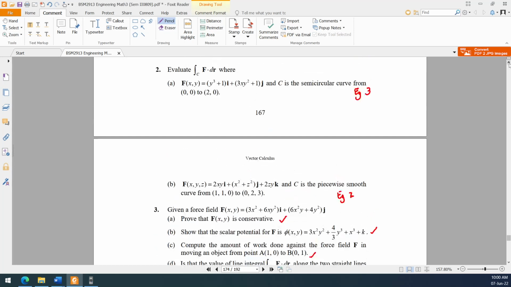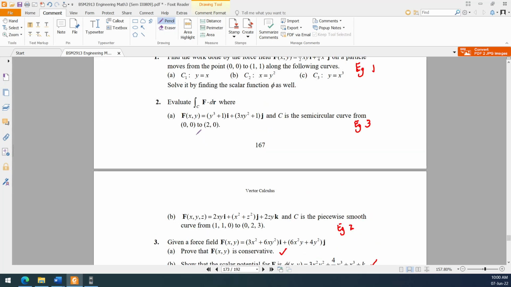Like the question here, 2A. You have a semicircular curve, let's say from (0,0) to (2,0). This is C1. Question 2, just now we have shown that F is conservative.